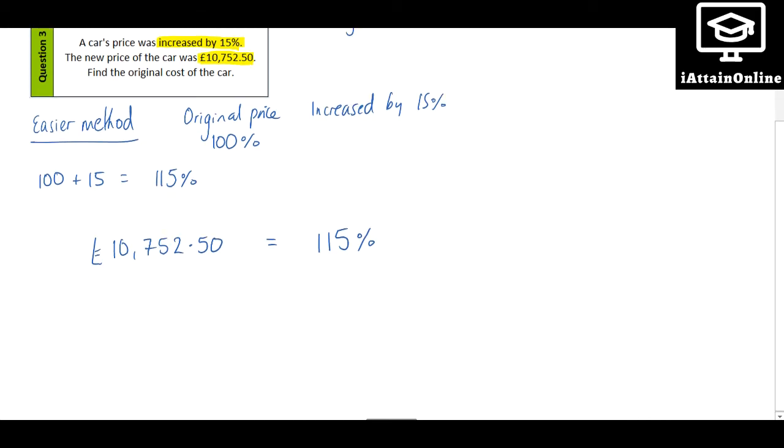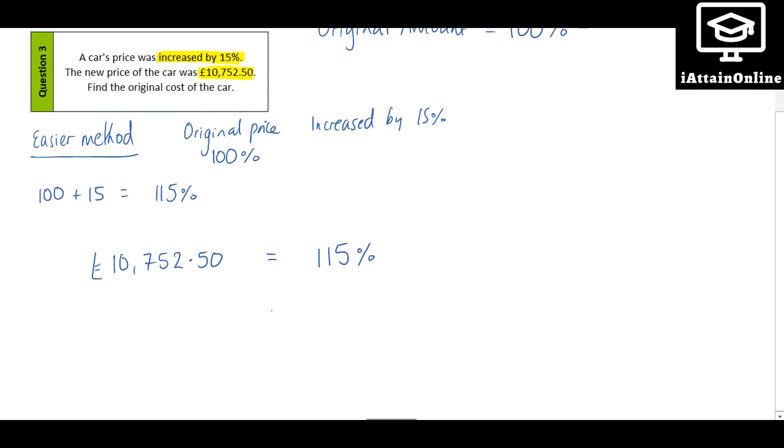So all I'm going to do now is exactly the same as I did before. I want to get to 100%. I'm going to look at 115 and 100, and think of a number that goes into both. We did 5% last time, which would work again here, but let's say I didn't spot it was 5. I know that 1 goes into 115 and 100. So I'm going to work backwards to find out what 1% is. 115 divided by 115 would give me 1%.